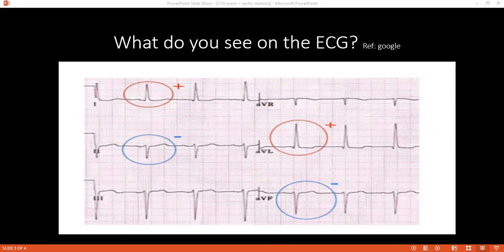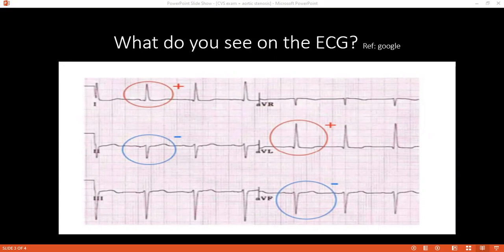If leads 1 and 3 are going away from each other, it means there is some kind of left ventricular hypertrophy. In aortic valve stenosis, the left ventricle has to pump blood against the stenosis, so it will be hypertrophied.